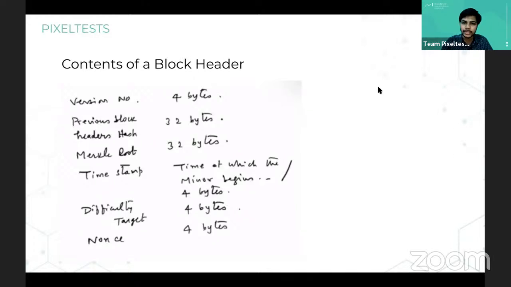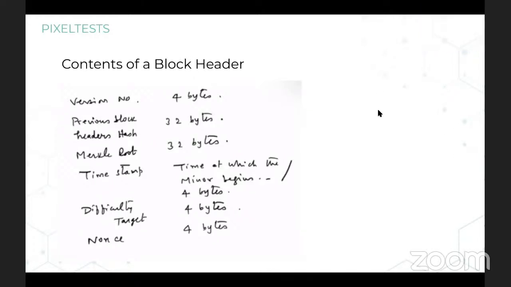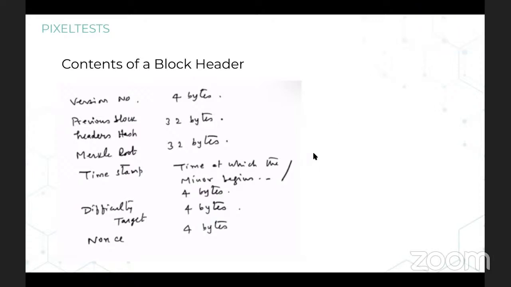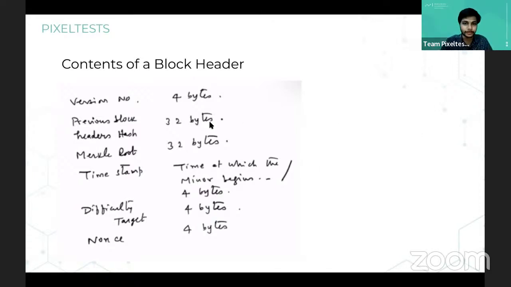If there is any challenge, you can go through module 6. I request the new members joining to do it so that it becomes helpful for everyone. Great. Then the timestamp, the time at which the miner started mining it, and then the difficulty target and nonce, right? We'll also discuss more about this.